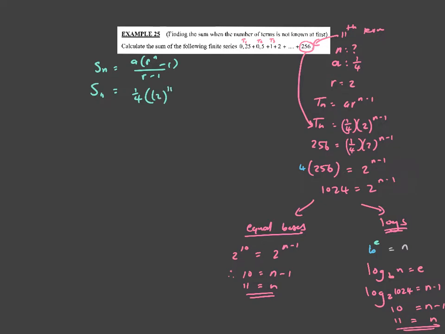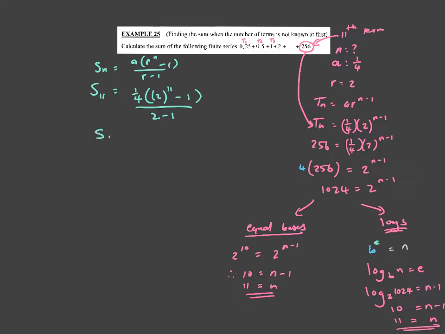The sum of the first 11 terms. This 11 there looks a bit dodgy. Okay, and then minus 1 over 2 minus 1. You follow? You substitute 2 into r, you substitute 11 into n. And again, please don't be strange. Don't multiply the quarter to that. I mean, just don't, okay? You can't do that. So what do we have here?